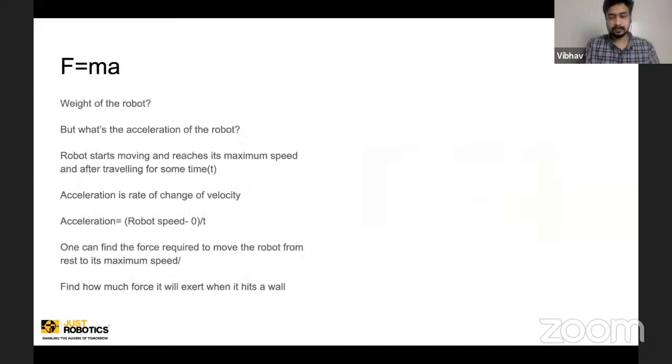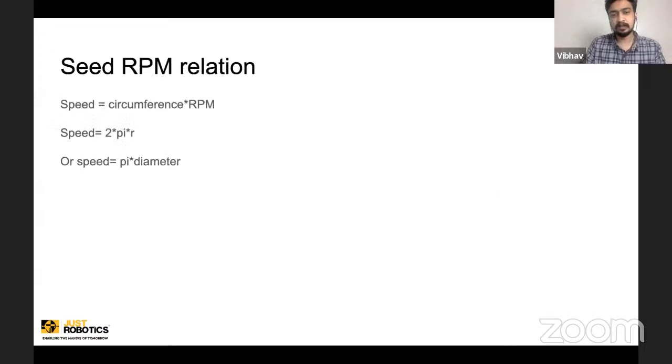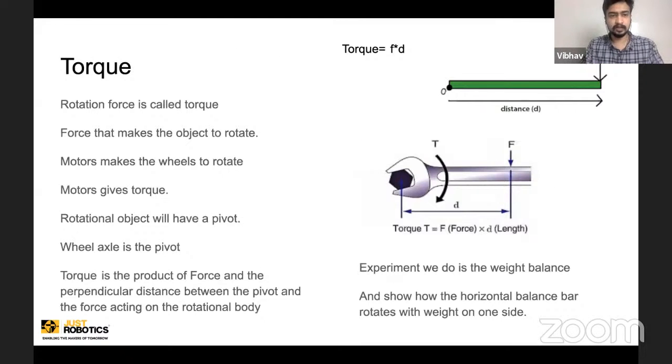If this is the wheel and this is the ground, the point where the force acts is the contact surface of the ground, and the center point of the circle is the axle of the motor. So you consider the radius of the wheel to find out the torque required.